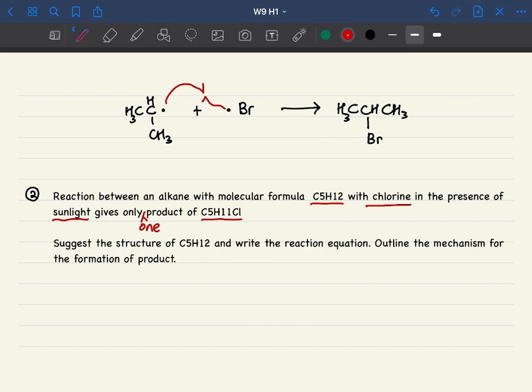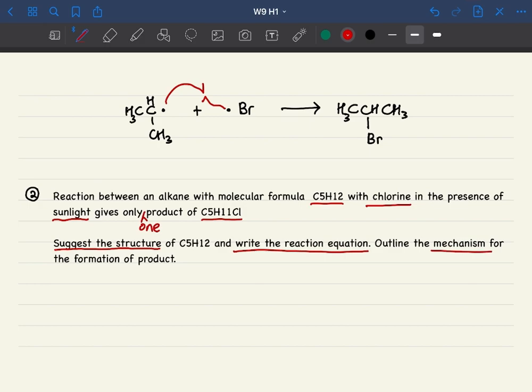It means that the structure we need to identify gives only one type of product, no combination of product. The question wants you to suggest the structure of C5H12 and write the reaction equation. First we need to suggest the structure. Second, we need to write the reaction equation. And lastly, outline the mechanism for the formation of the product.